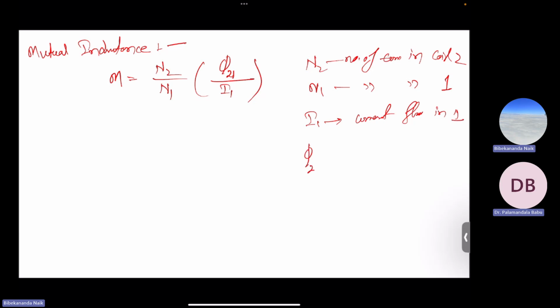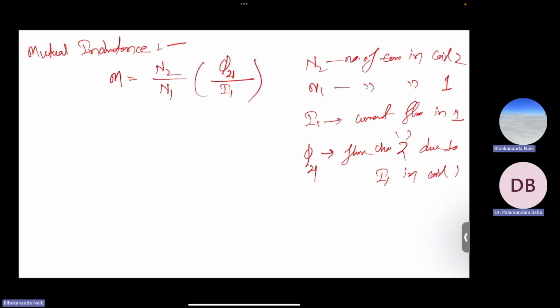And phi 21 is the flux in coil 2 due to the current I1 in coil 1. So this is the expression for mutual inductance.